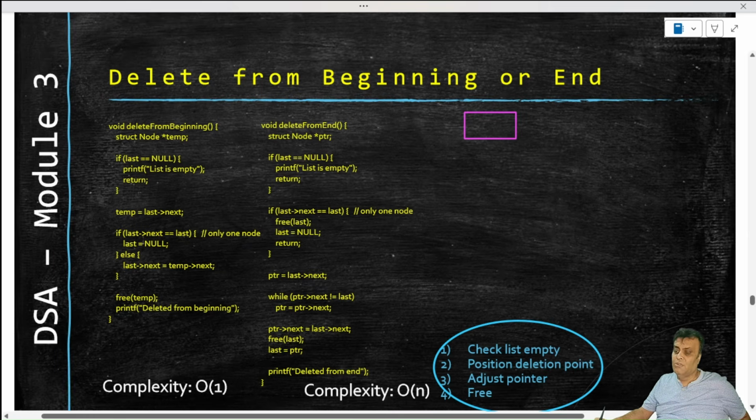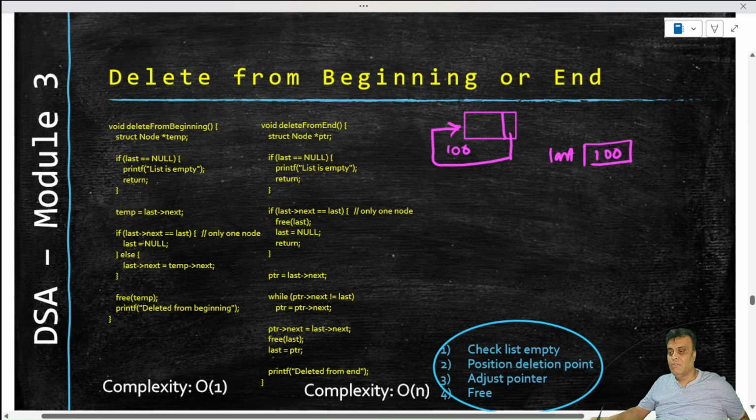Now if there is one node, again the same thing will happen. Suppose this is at 100. My last is pointing to 100 and my last next is pointing here. I want to delete this. All I need to do is make this null, and before making it null, I want to store this somewhere.